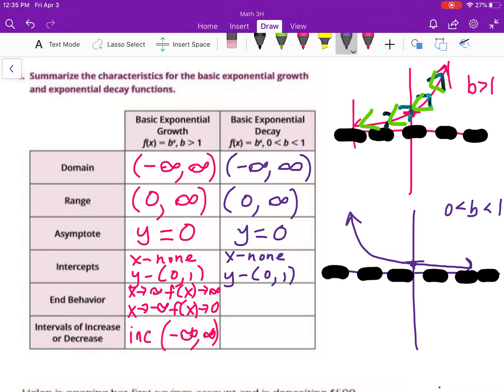Now the end behavior totally flip-flops. As we go this way, x approaches infinity, and the y is getting closer to 0. Notice that was the end behavior of the other side of the branch for the first one we did.